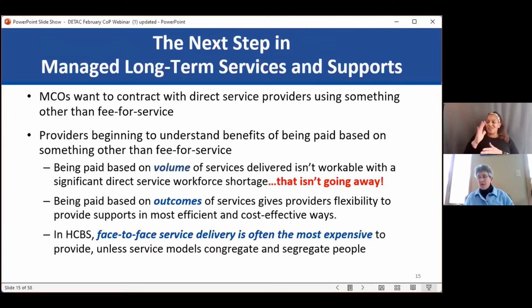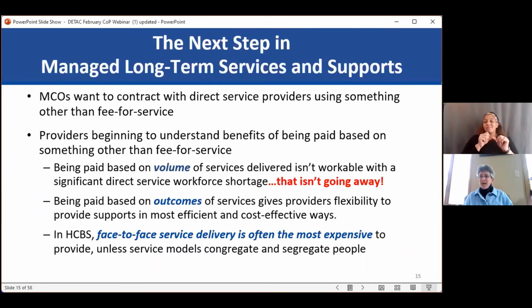And particularly with the direct service workforce shortage, the idea of being paid for the volume of services delivered is really not workable anymore because they simply are struggling to find enough staff to do the work. And that direct service workforce crisis is not going away, even after COVID. It is expected to be with us on a very long-term basis.